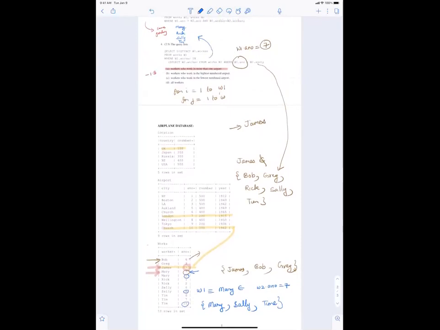The only way of doing problems like this is the loop condition. You have to pick row by row from the first table and see what subset comes up, and see whether W1.worker is an element or not an element of the subset.